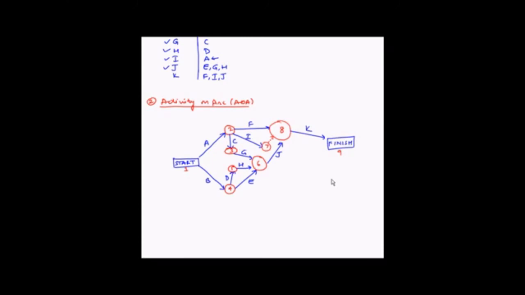The AOA approach, that is the activity on arc, often requires fewer nodes than the AON approach. So the one that we had done previously, that is the AON approach, needed 13 nodes, whereas the AOA diagram that we have done now needed only 9 nodes.